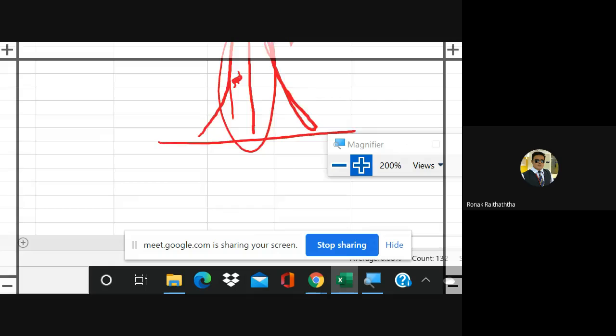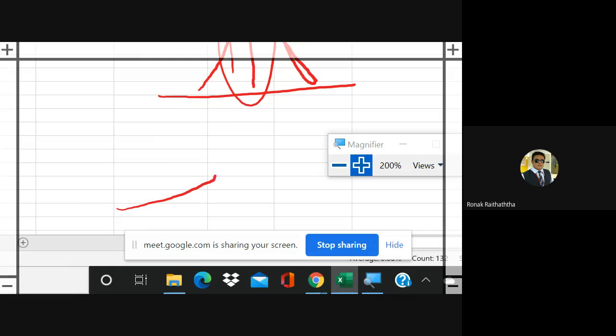But if the data would be like this, then very few returns will be falling over here. It would be lesser than 68% because tails are very large, and if the tails are very large, then returns will not be 68% or something. It would be lesser than 68%.